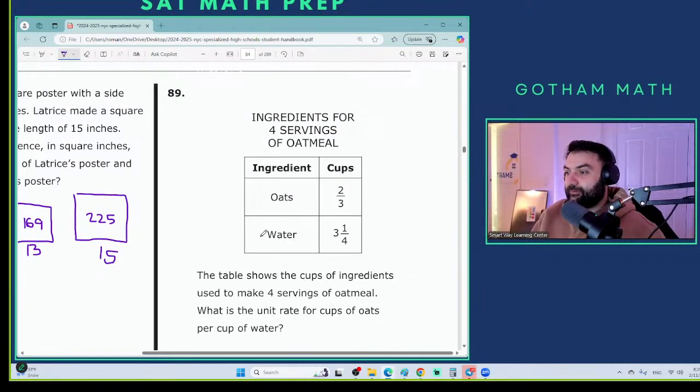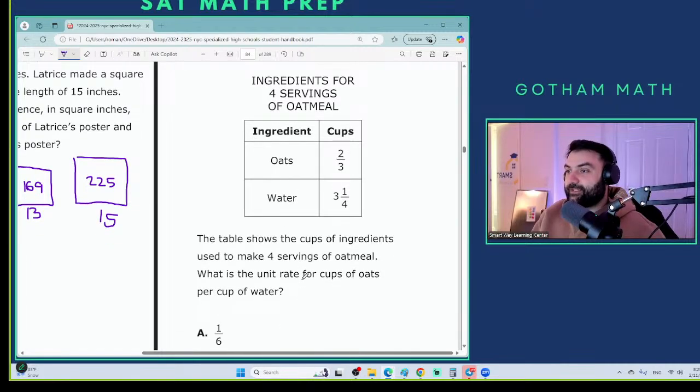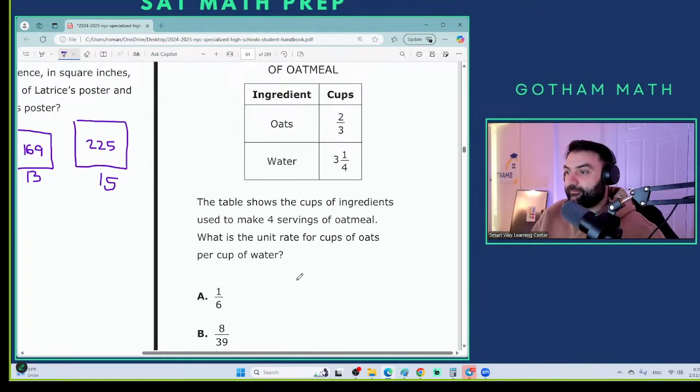The table shows the cups of ingredients used to make 4 servings of oatmeal. What is the unit rate of cups of oats per cup of water? This we solve with proportion.